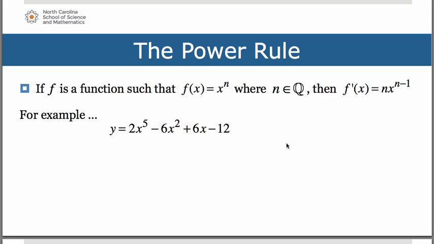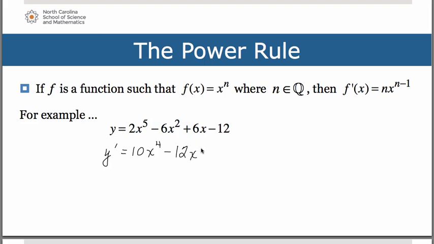So if we had a quintic equation, 2x to the fifth minus 6x squared plus 6x minus 12, the derivative, you would have y prime is equal to, so you do 2 times 5, the coefficient times the exponent, that's 10x, and you subtract 1 from the exponent, so now it's 4, minus, now you do 6 times 2, that's 12x, take 1 away from that exponent, so that's just to the first.